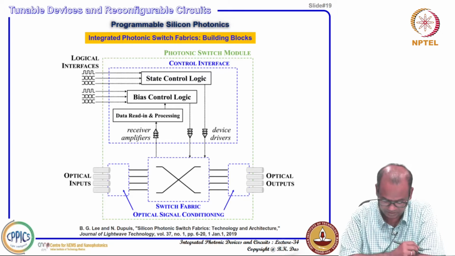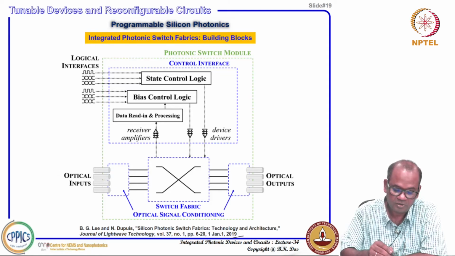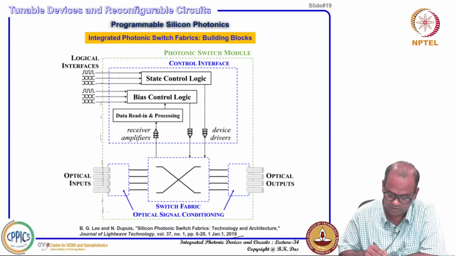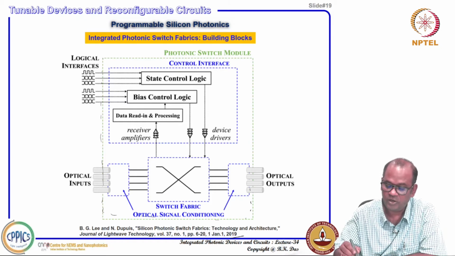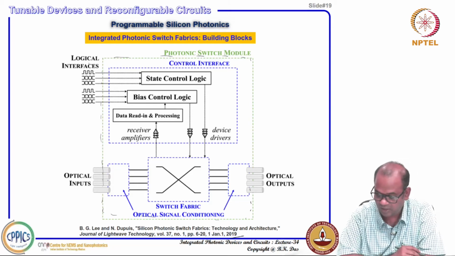Here is a nice example again I have taken from this 2019 paper, where you see this green color dashed line, within this is called the photonic switch module. And in this switch module, what all things are there?